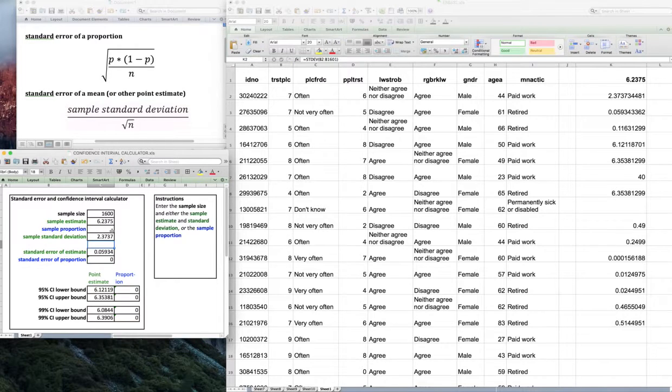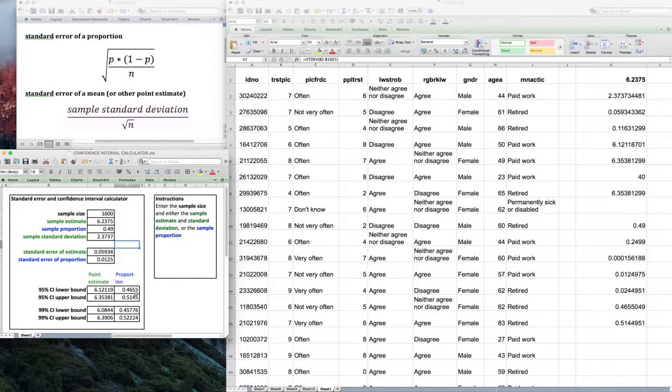Let's go on to the sample proportion. Sample size is the same. Sample proportion is 0.49. The standard error of the proportion it calculates as 0.0125, which is the same as we got here once it's been rounded.